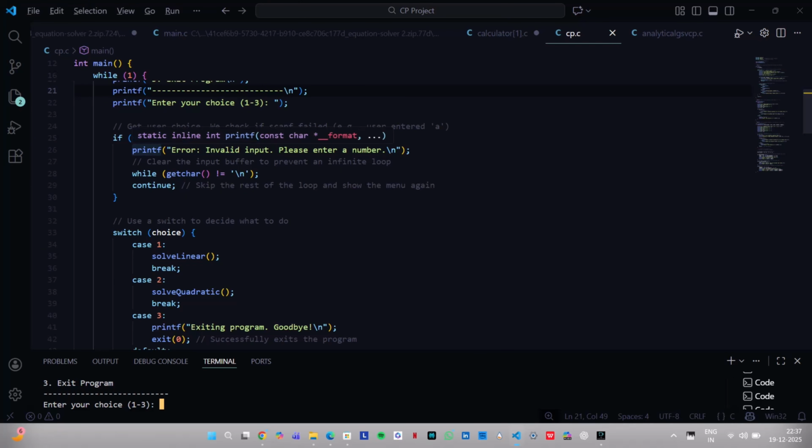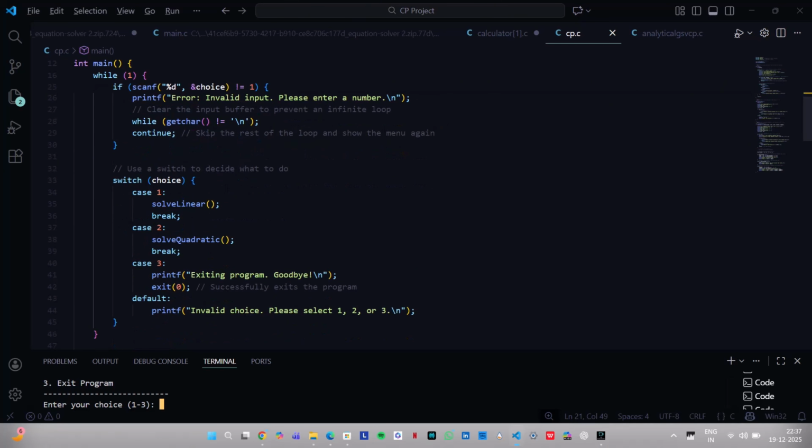We use getchar to take input. If the input is invalid, it shows an error and takes input again. If the input is valid, it proceeds from here and the program starts.